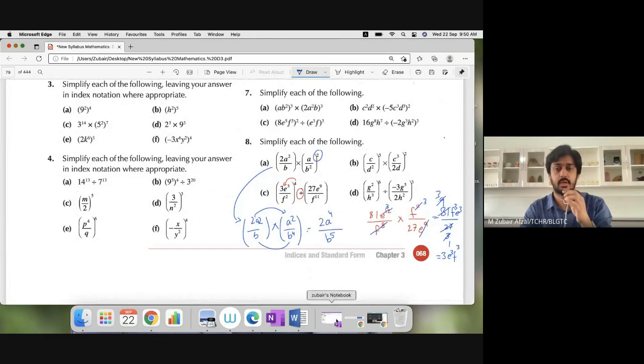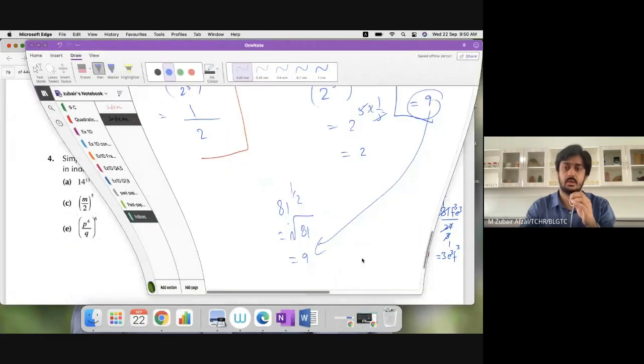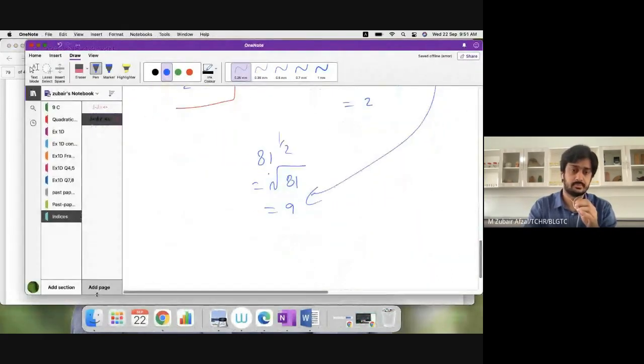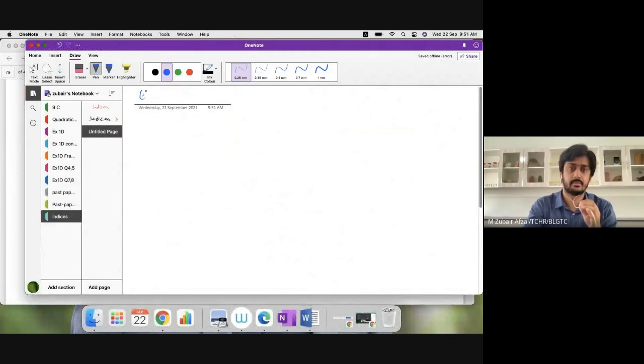Before we move to exercise 4b, we'll discuss 3 rules. Number 1 for this exercise would be that anything raised to power 0 is 1.